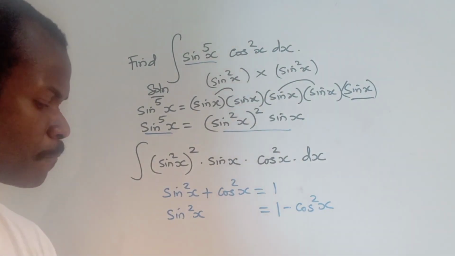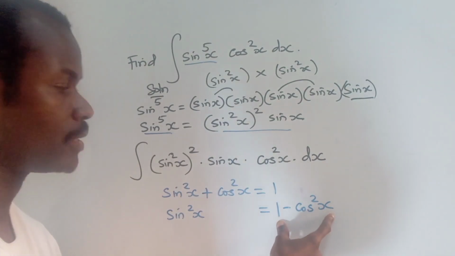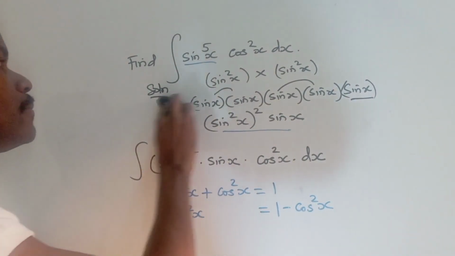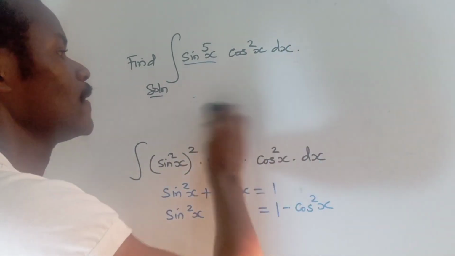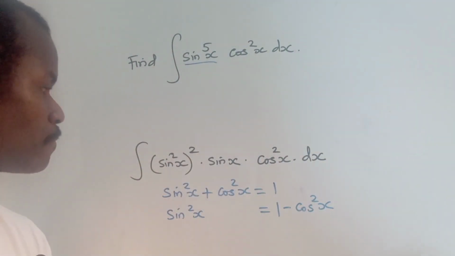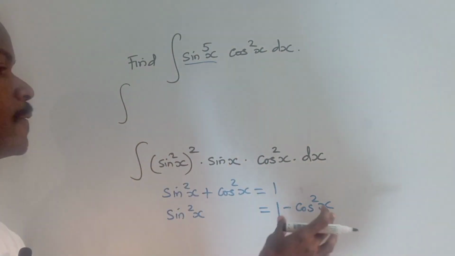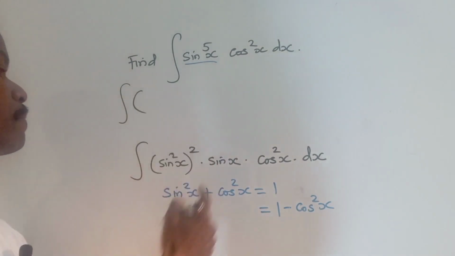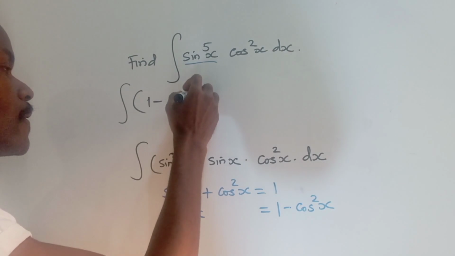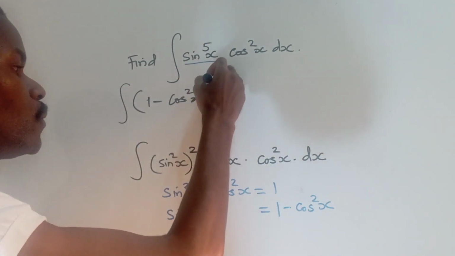So all I need to do now is input all this into this bracket. Let's input that and see what that gives us. So I'm going to have this whole expression as the integral of this, into this bracket, which is 1 minus cos squared x, raised to the power of 2.